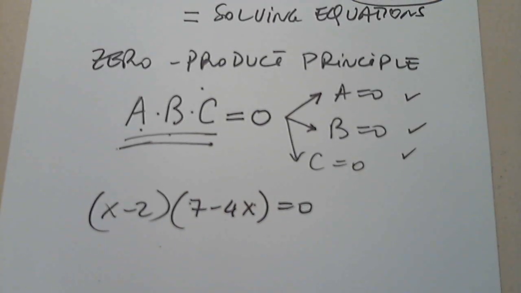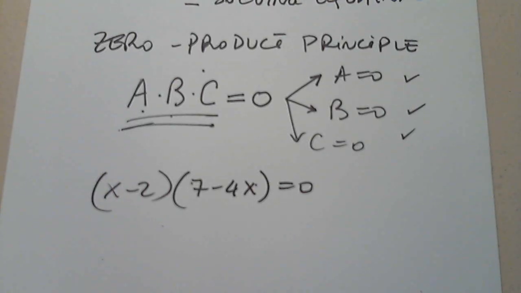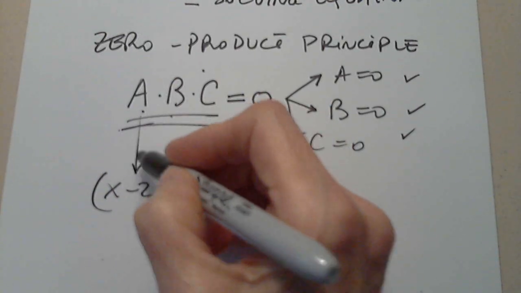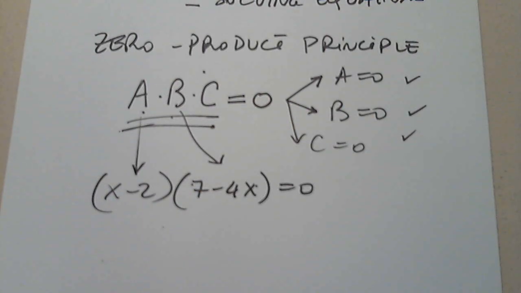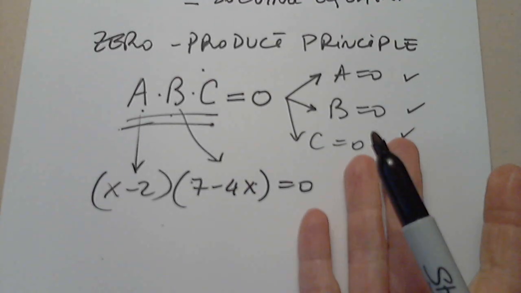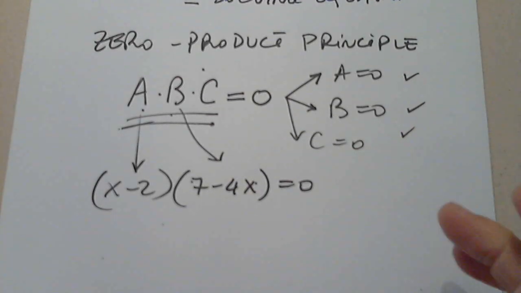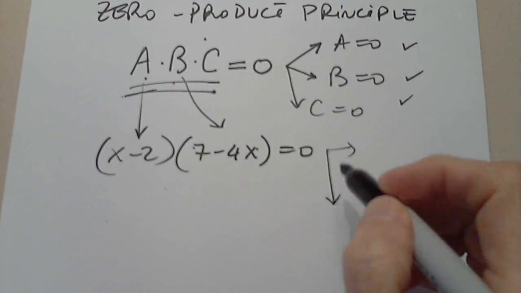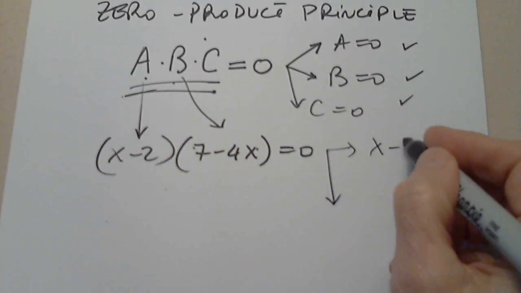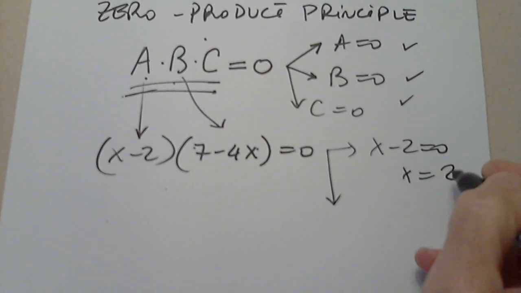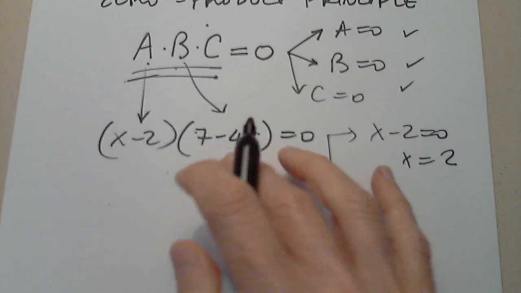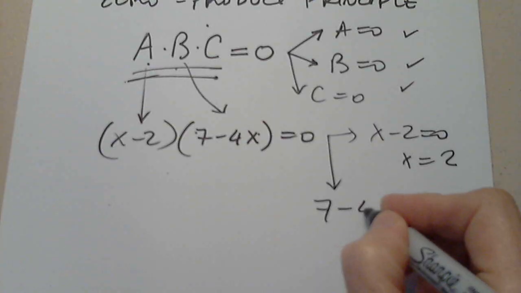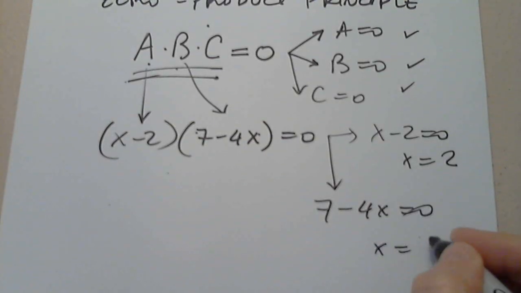In this particular case, the work is done for us. We do have a factor and we have another factor. By the zero product principle, we have 2 options. If option 1 is 0, then we get x equals 2. If option 2 is 0, then we get x equals 7/4.